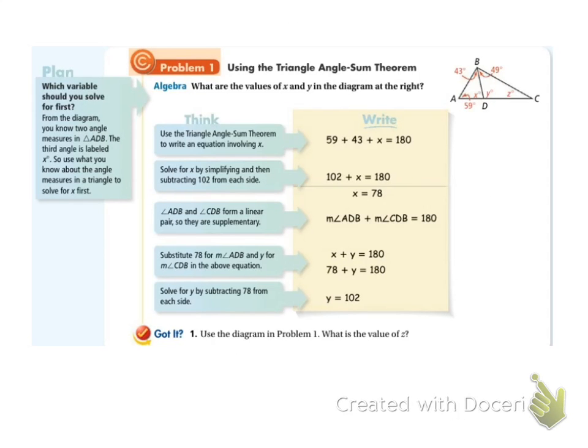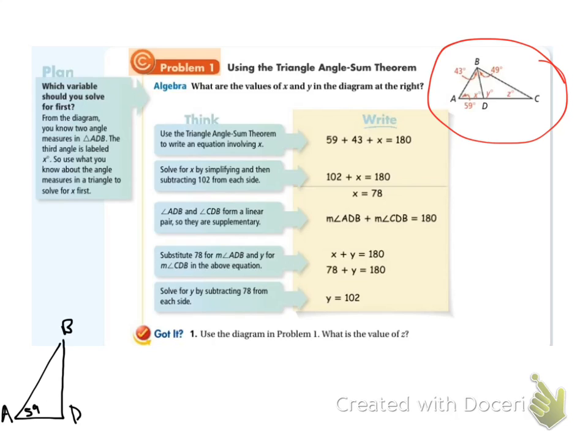Okay, here's a problem for us. Looking at this picture over here, I need to find the measure of the variables. So I'm going to redraw ABD down here. A, B, D. So I have 59, 43, and X. I know that angles inside of a triangle need to add up to 180.